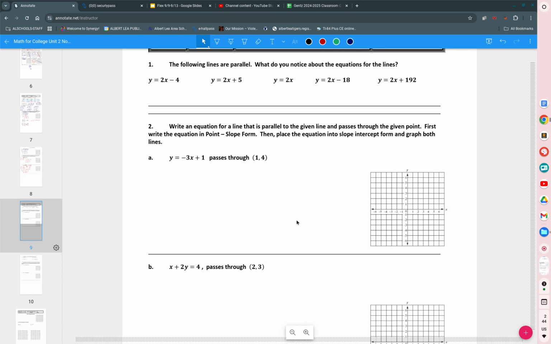What do you notice about all these lines? Same slope. Same slope means that they're parallel.